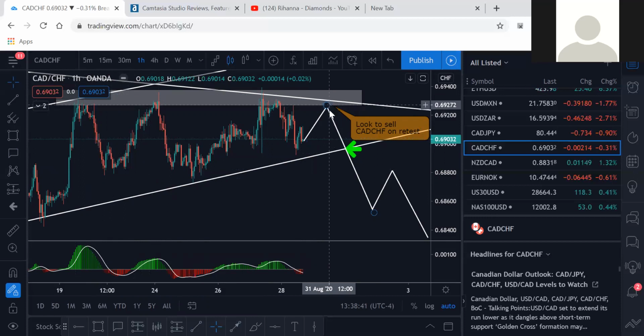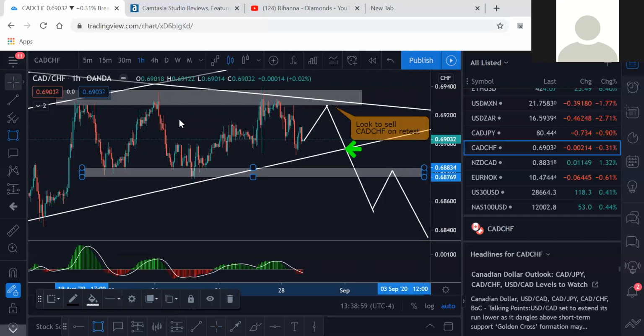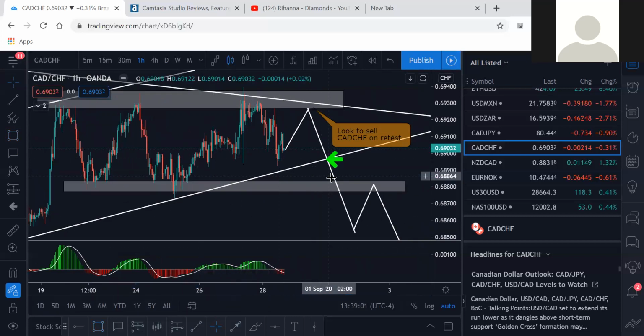So I expect that when price gives us a solid breaking candle and it drops, it's going to come back and test this zone. Exactly. So therefore, from here, we're going to draw our support zone here. Yeah. So it's likely that price would also pause here before it gives us a breakout as well.